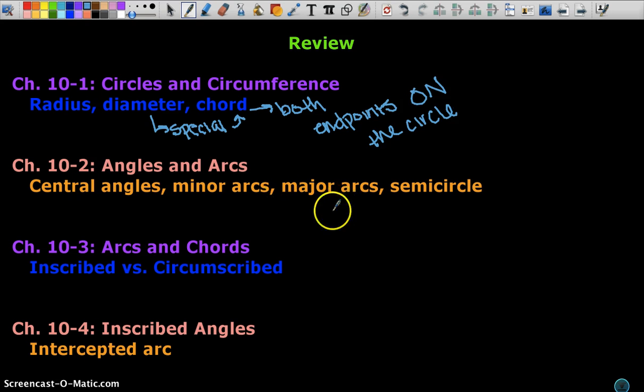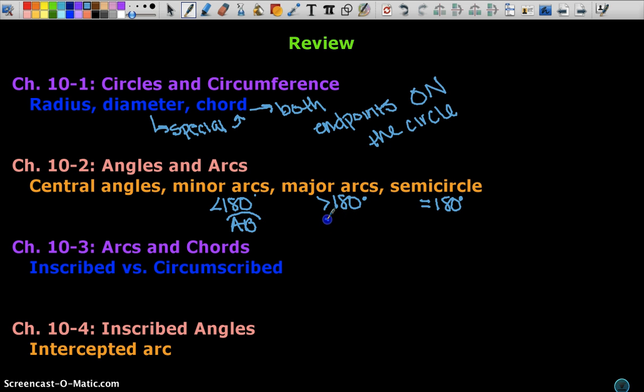All right, second section, angles and arcs. We had a couple of different types of arcs. Minor was less than 180. Major, greater than 180. Semicircle, exactly 180. And these are all in terms of degrees. Naming minor arcs, use only the endpoints and put the arc symbol.